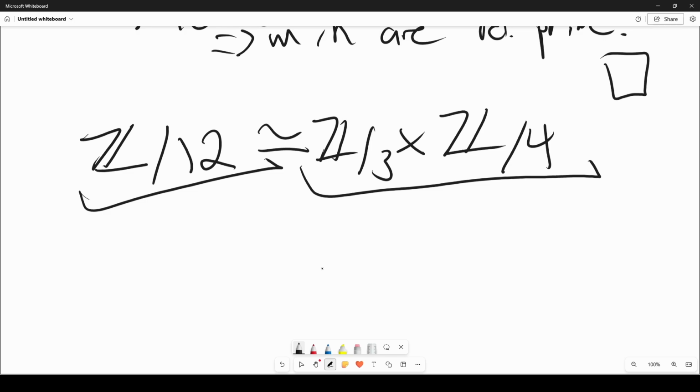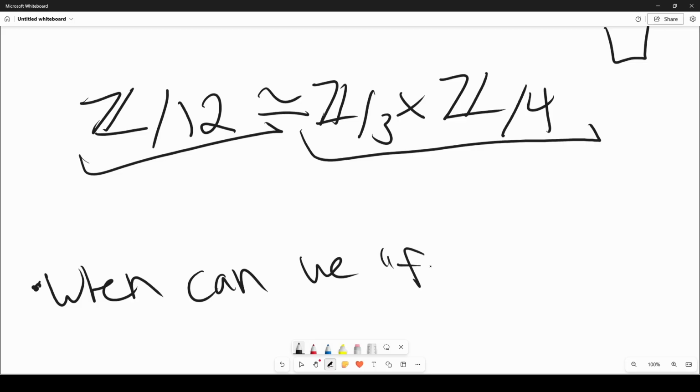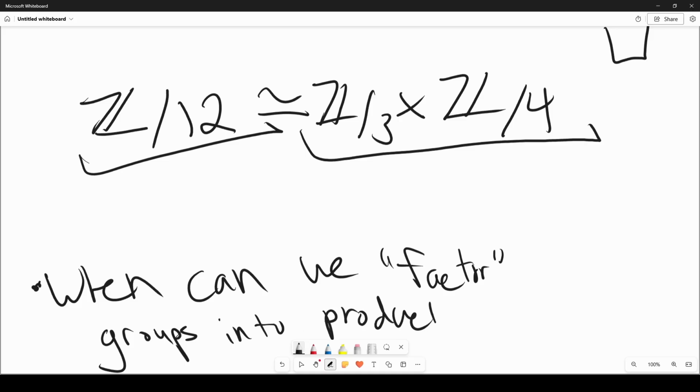So hopefully this should beg the question: when can we factor groups into products? In some ways, factor groups into products. So in this case, Z mod 12, we could factor, in quotations, it into Z mod 3 cross Z mod 4.